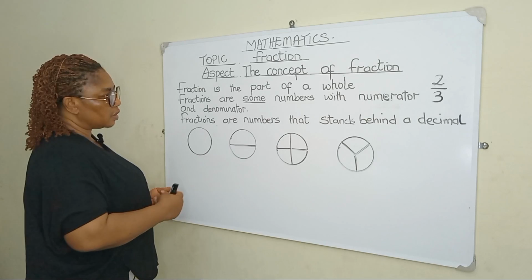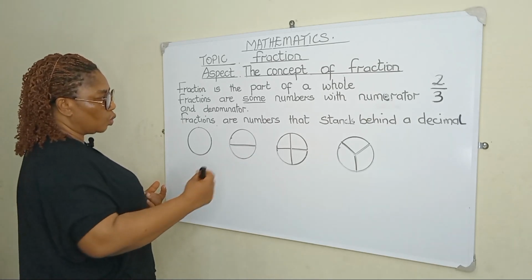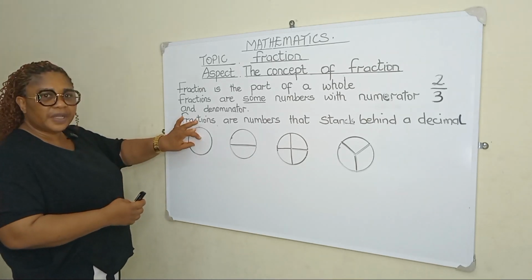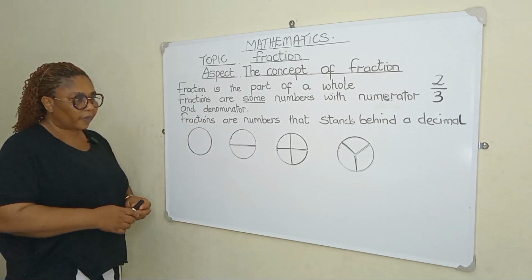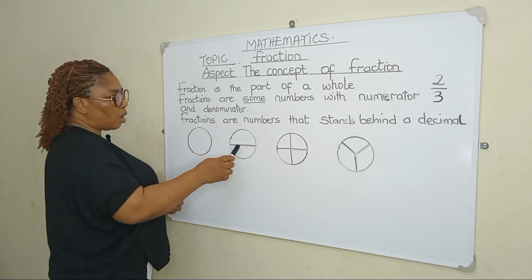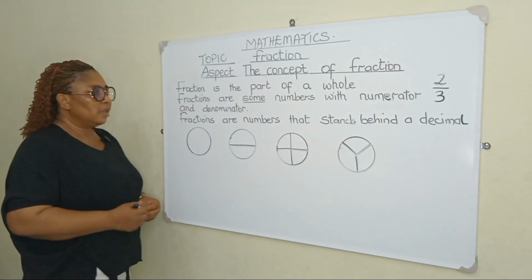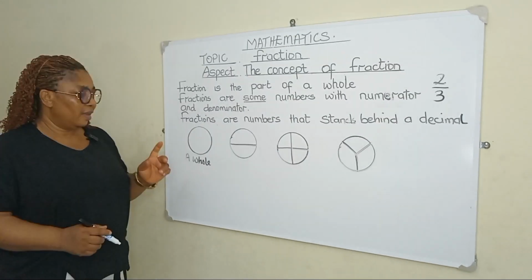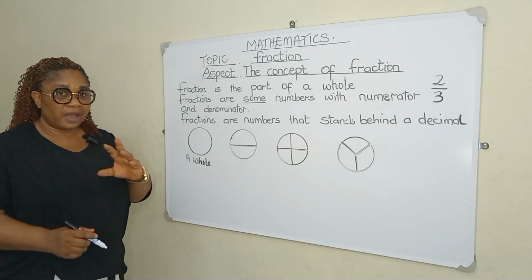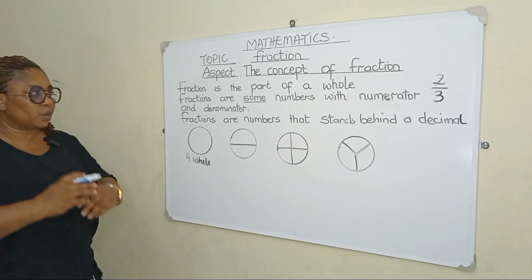These are circles. They are whole. This one is a complete circle, complete. And these ones are cuts. I call this a whole, a complete whole.